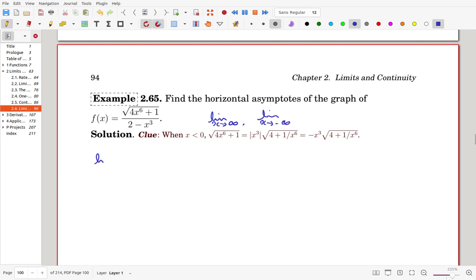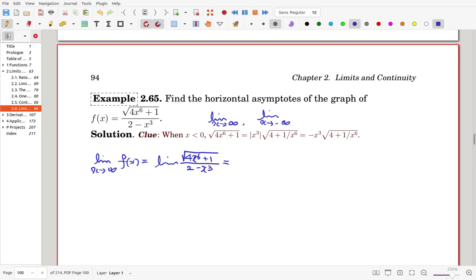So the limit as x approaches infinity of f of x. Then that is the same limit, and here the function is the square root of 4x to the 6 plus 1, divided by 2 minus x cubed.